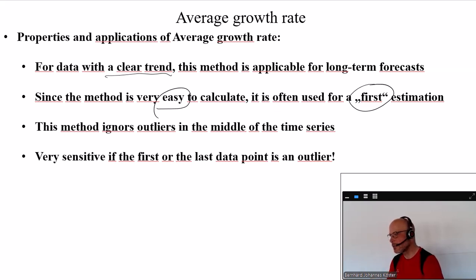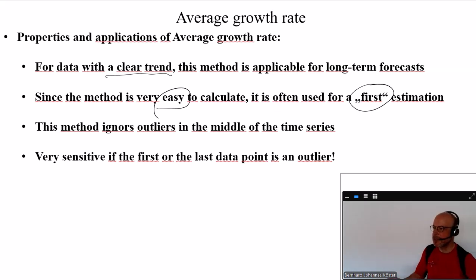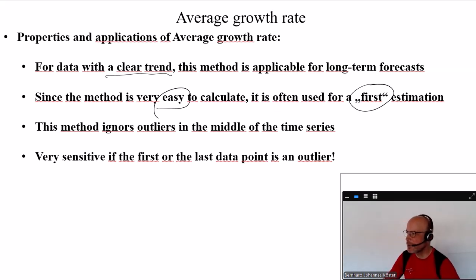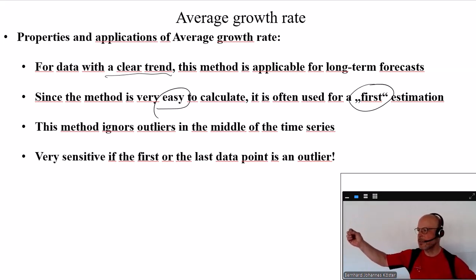And also for a longer forecast. So not a nowcast. You will not find this method very often. But yeah, if you go for a longer time, and of course, if you have, let's say, 3 years of monthly data, so 36 data points, and then you have 2 or 3 outliers within this time series, using the average growth rate, then more or less your outliers will vanish.